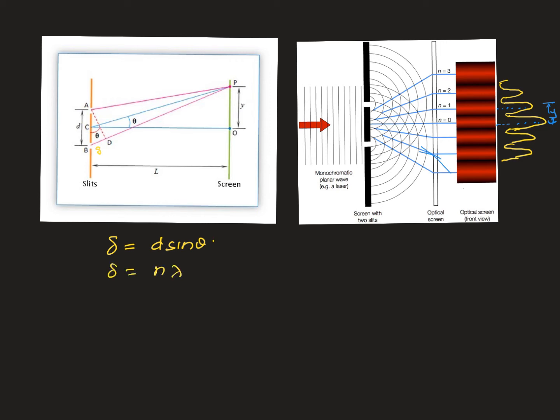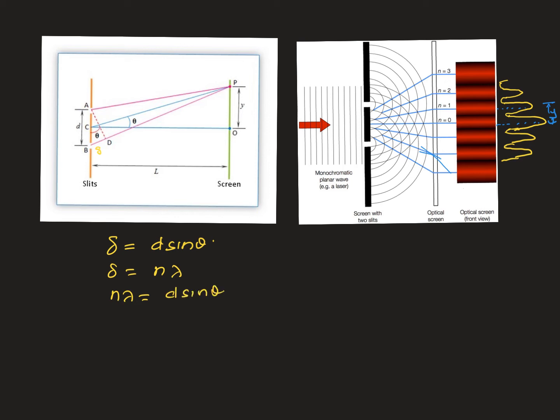Remember that sometimes they use m for n, as long as you know that this is the one giving the order of the maximum. When n is 1, that's the first order maximum. When it's 0, it's the central maximum. So we can write n lambda is equal to d sine theta.